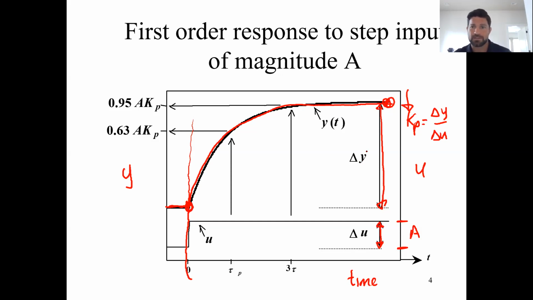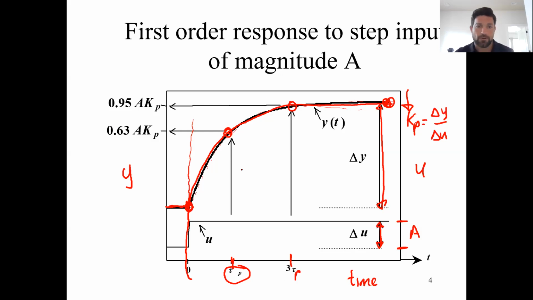There are two other points that we can plot on here, and generally, if you can plot these two points, you can just hand sketch the response through there, because it's going to follow this type of behavior. These two points are at tau and at 3 tau. This term tau p comes from the transfer function, and 3 tau p is just 3 times that value.